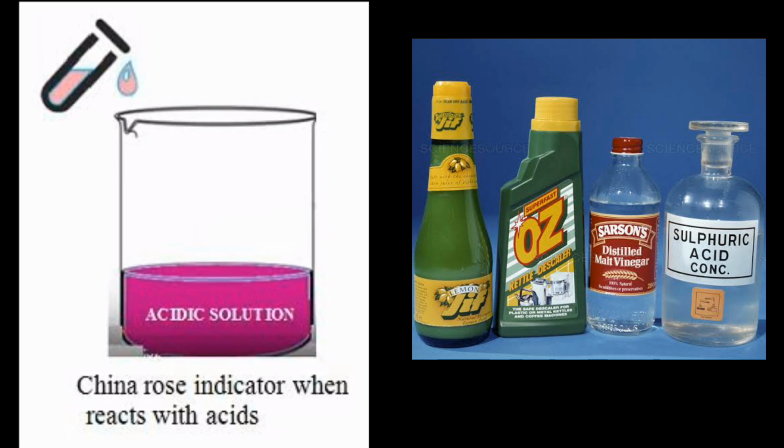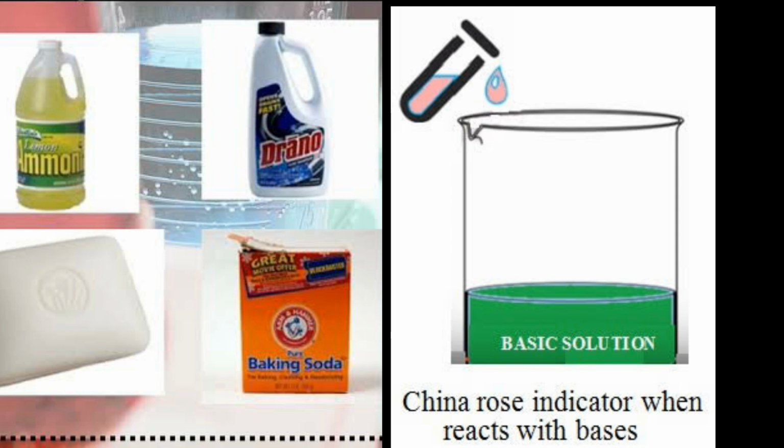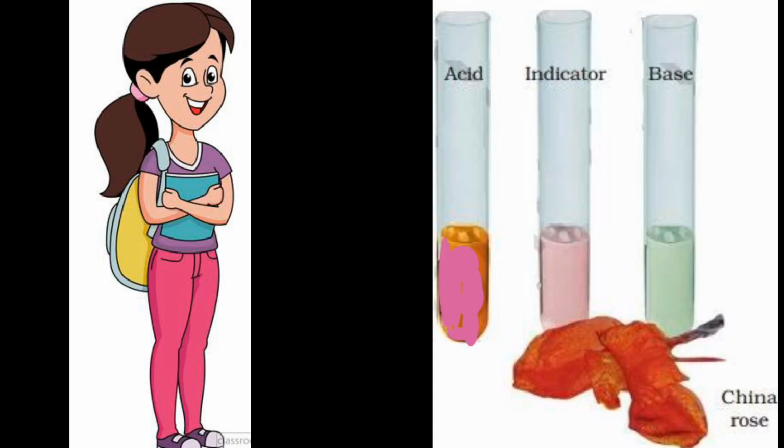Again, if a solution changes the China rose indicator from pink to green, we have to understand it is basic in nature. You can try it at home and get the result. So remember, if the light pink color changes to deep pink or magenta color, the solution is acidic, and if it changes from light pink to green, we have to understand it is basic.